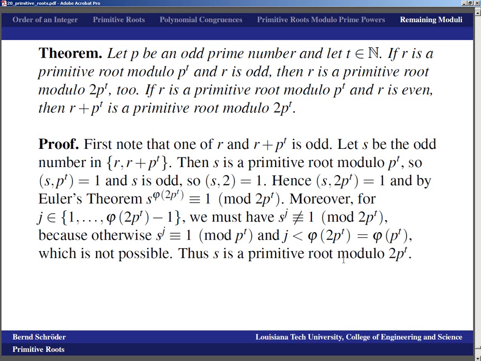So s is a primitive root modulo 2p to the t, and that is because it satisfies the definition: raised to phi of 2p to the t, it's equivalent to 1, and if you take any power with a smaller exponent, then that's not equivalent to 1.